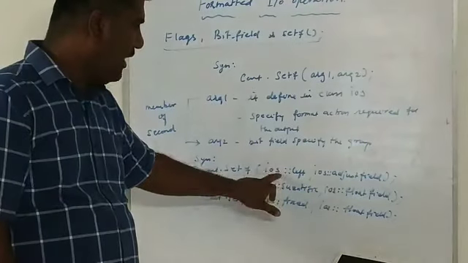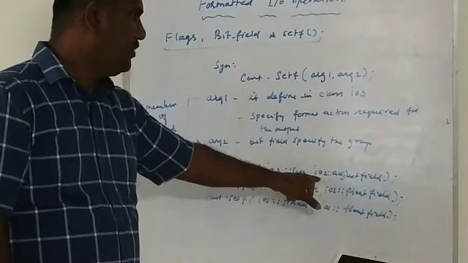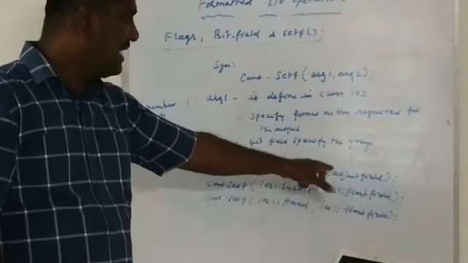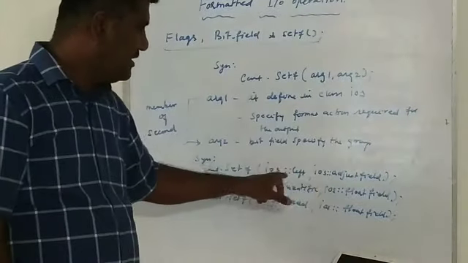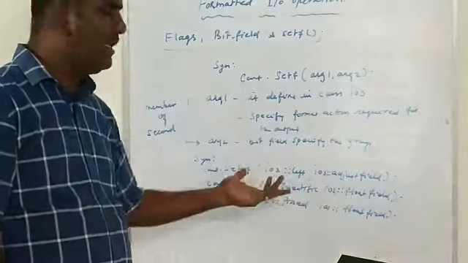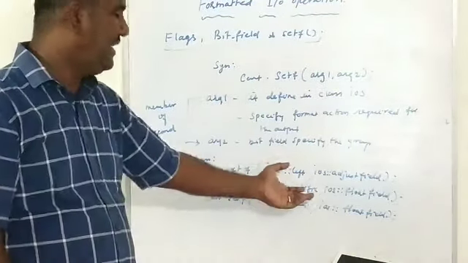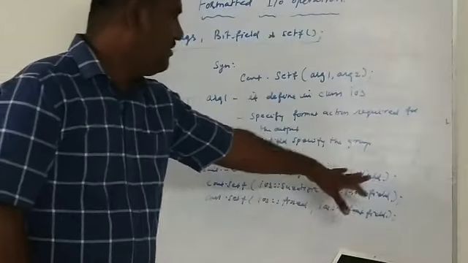Argument 2 is a class, ios adjustfield. This is a member of ios adjustfield, and ios left, ios right are everything present in ios adjustfield.